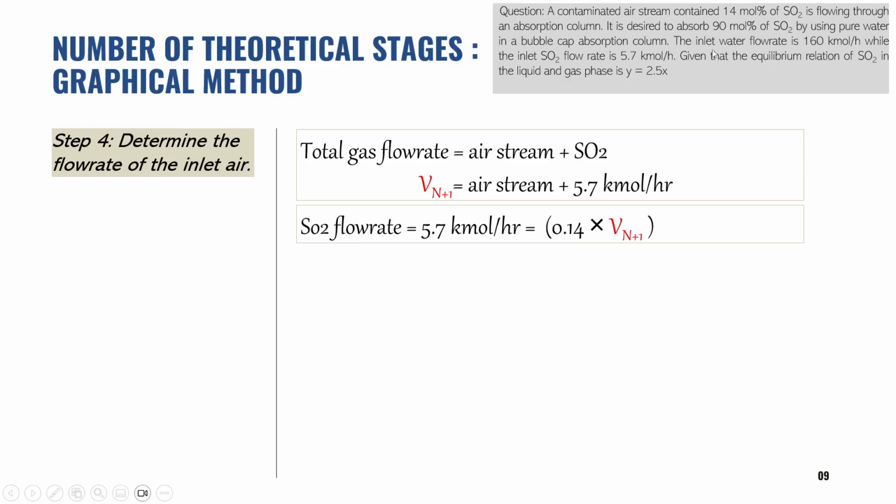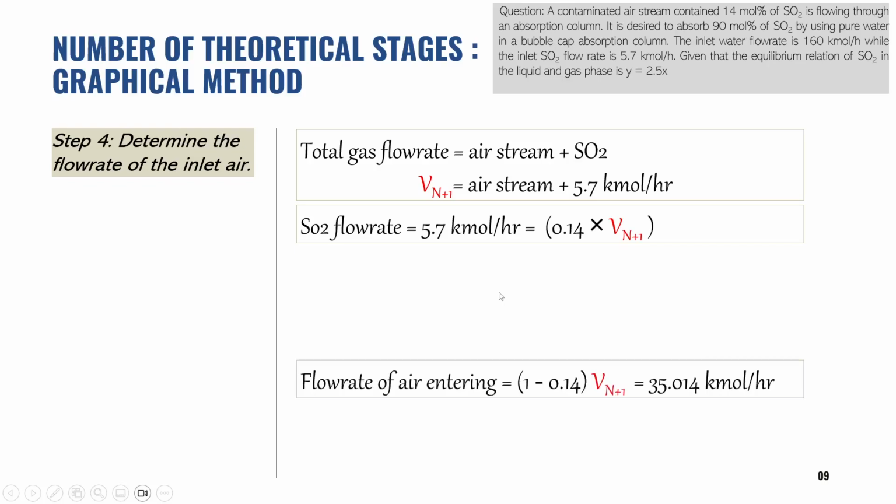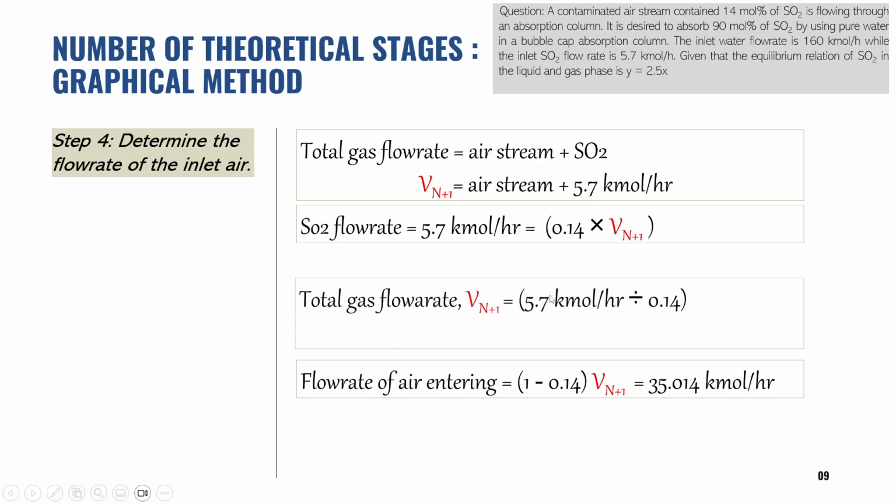So this 14 mole percent of the total flow rate corresponds to 5.7 kmol per hour. The total gas flow rate is calculated by dividing 5.7 by 0.14, which gives the total flow rate entering at the bottom: 40.714 kmol per hour.